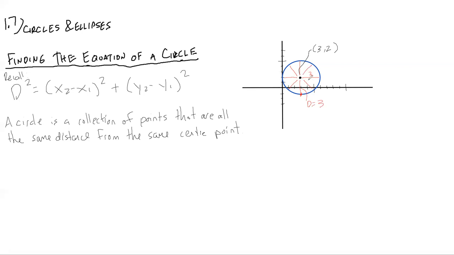So if I were to try to come up with the equation of this circle here, I could take this formula and basically it would be all of the x's. So I'd write that in blue.